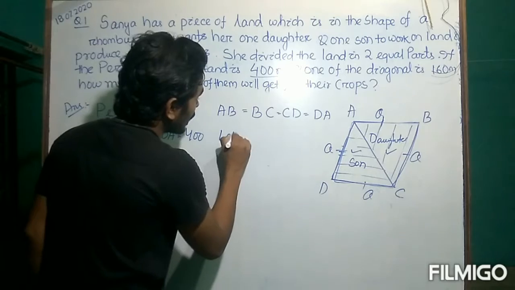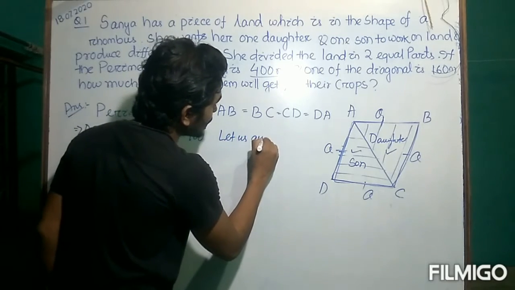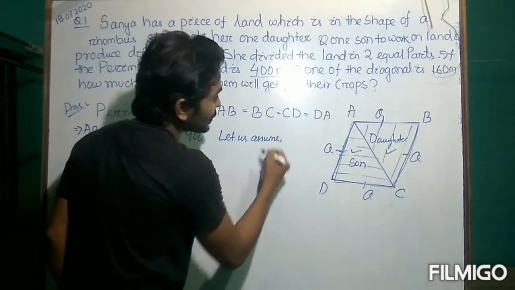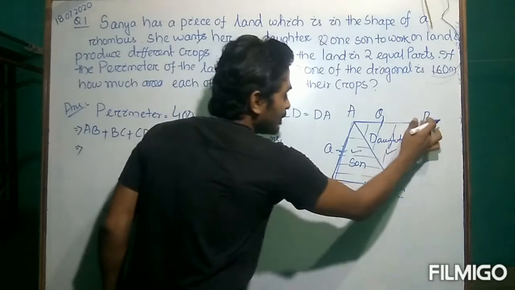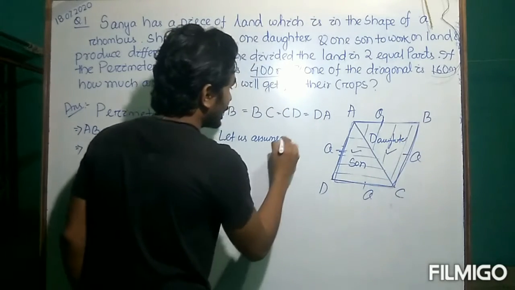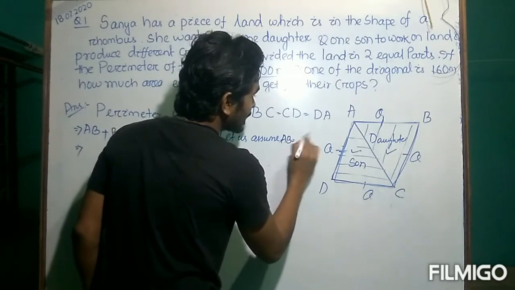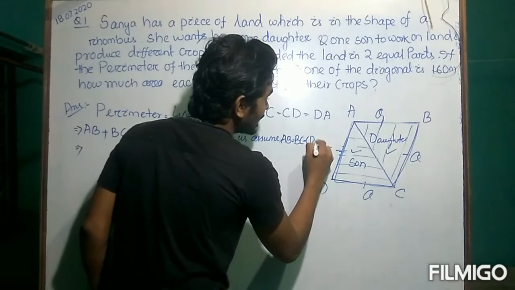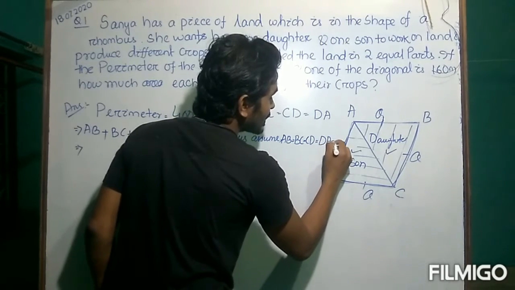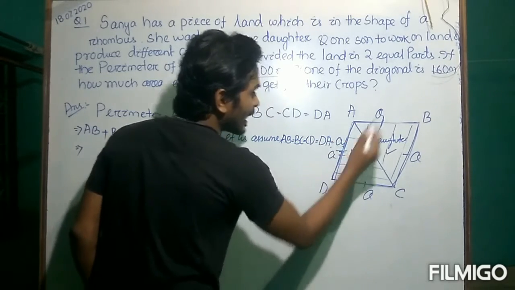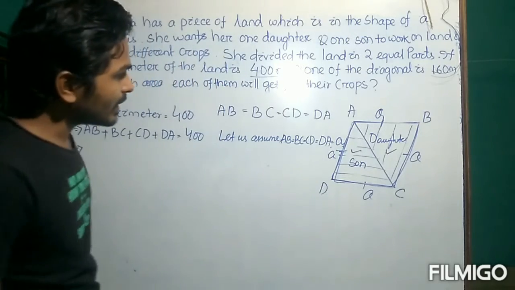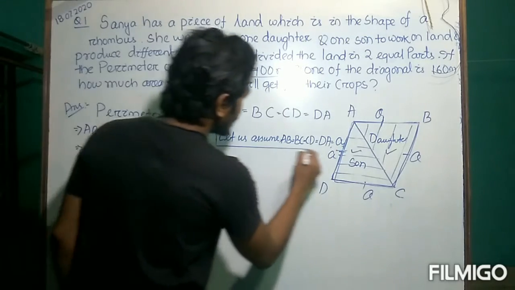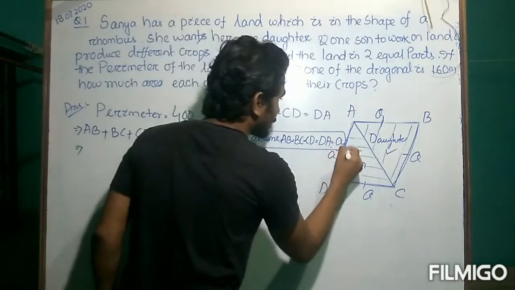Let us assume AB is equal to BC is equal to CD is equal to DA is equal to A meters. Clear? So this is our assumption.